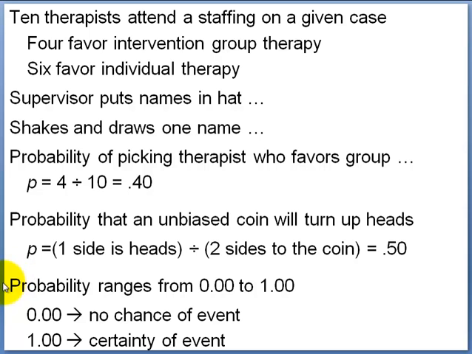Probability can range from 0 to 1. When probability is 0, there is no chance of the given event. When probability is 1, there is certainty, that is to say, a 100% chance that the event will occur.